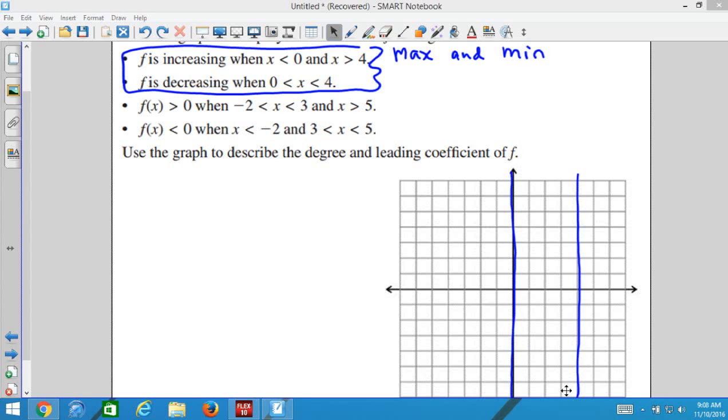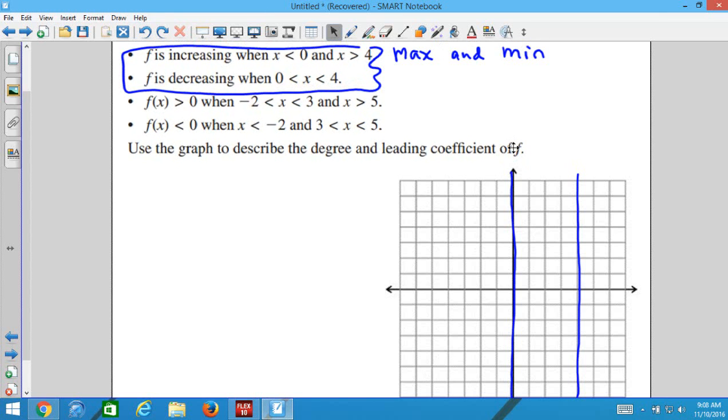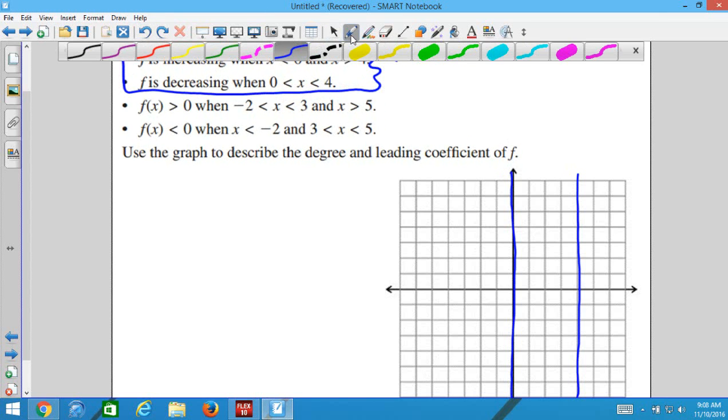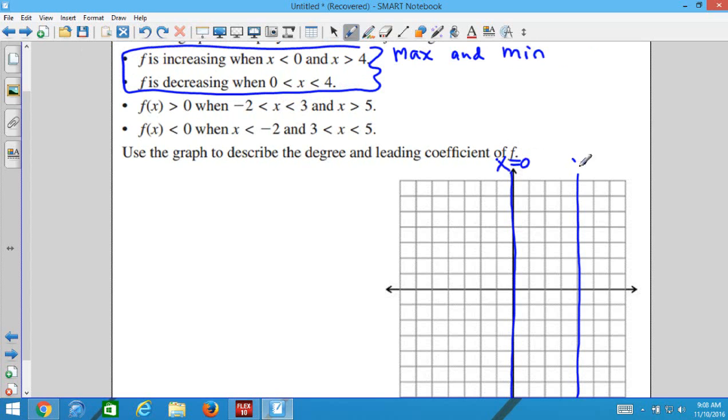Because I know that the graph is increasing when x is less than 0. So here is where x equals 0. Here is where x equals 4. So where x is less than 0, the graph is increasing. That means on this side of that line, the graph is going to be going up.